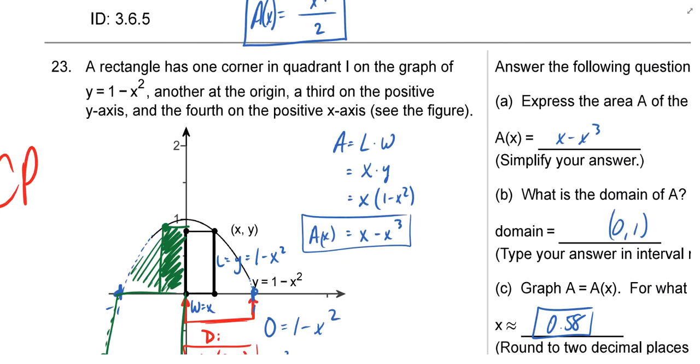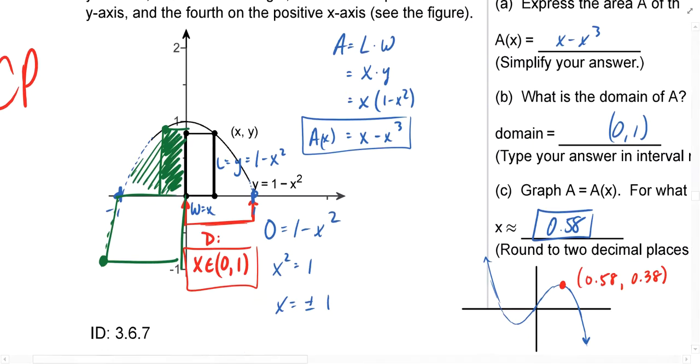And that was specified in the instructions here. And so because of that, we're relegated to results that only exist in quadrant number 1. And for that reason, we asked about the domain of the area function.